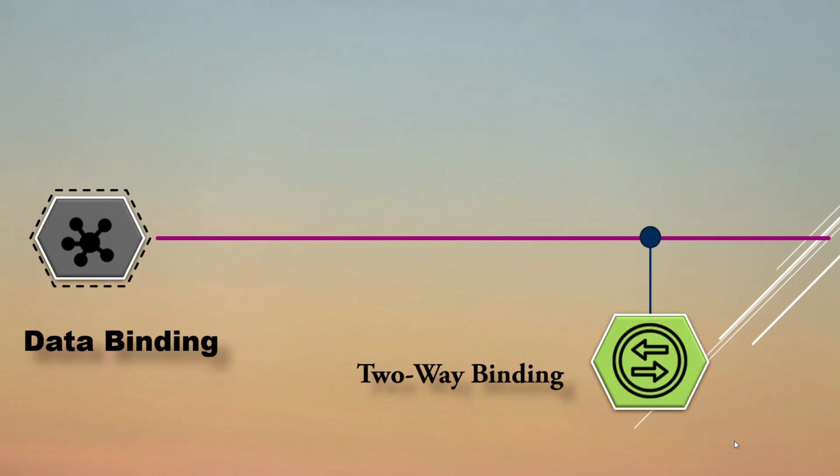Now we'll go with one-way data binding, and we'll check what interpolation is. We'll check in detail how it happens, and then we'll go with the coding.